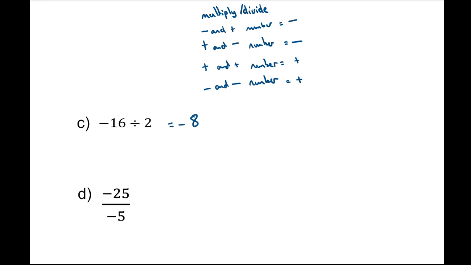You could also say that if I take my negative 16, so that's 10, 12, 14, 16, and divide it up into 2 equal groups, how many does each group have? Well, it's -8, or there's 8 negative squares per each one.